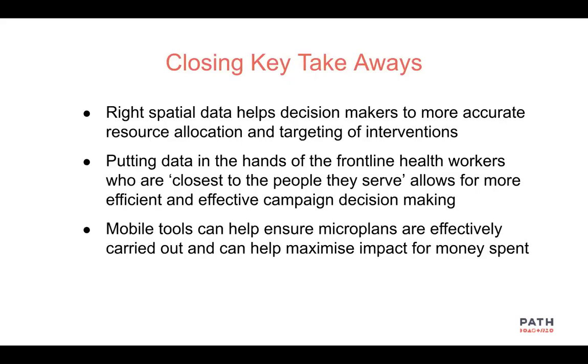Secondly, putting data in the hands of frontline health workers, as close to the communities and people that you serve, allows for efficient and effective campaign decision making. And lastly, mobile tools are very essential for microplanning, to effectively carry out and help maximize impact for the money that has been spent on any campaign conducted on the ground.